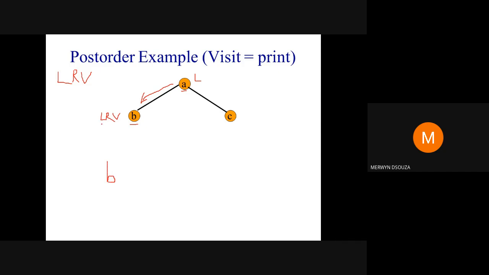Okay. Since all the steps are done, go back up. Okay. Check what steps are remaining. So you will perform the second step, right subtree. Does it have right subtree? Yes. So go to the right. Okay. New node. So start from the first step. Try to go to the left subtree. No left subtree. Try to go to the right subtree. No right subtree. So therefore visit. So when you say visit, put it in the output.